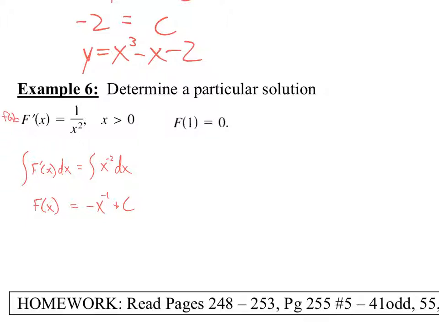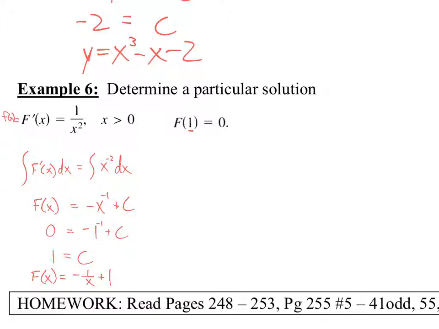So now to find the particular solution, we plug in 1 for x, so it's negative 1 to the negative 1, and I plug in 0 for capital F of x. Negative 1 to the negative 1 power is just negative 1. So I add 1 to both sides, and c equals 1. So that means capital F of x is negative 1 over x plus 1.